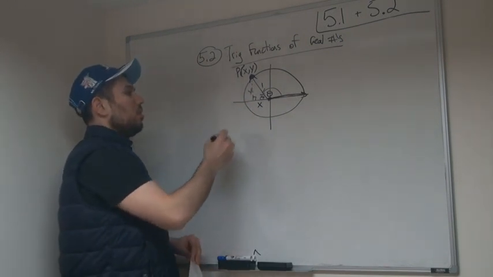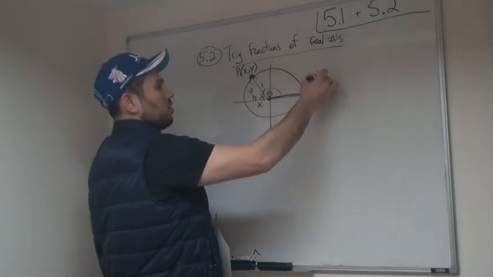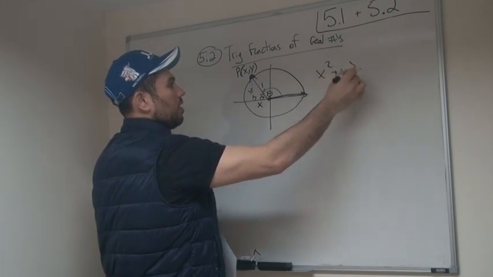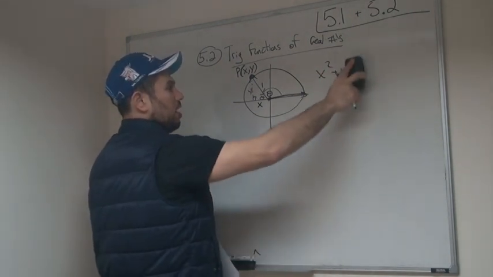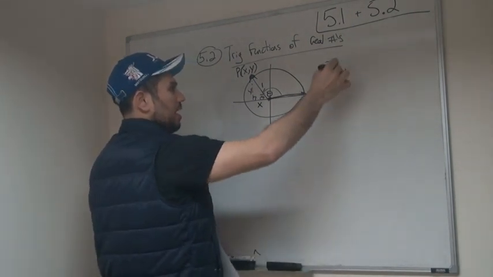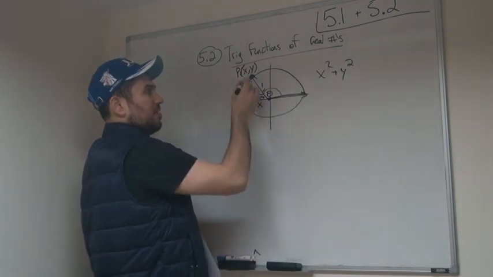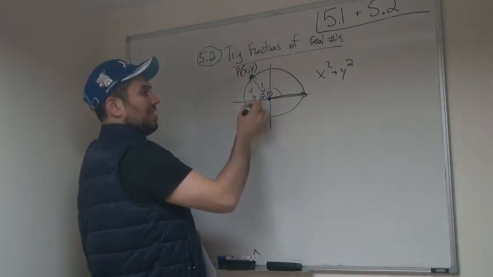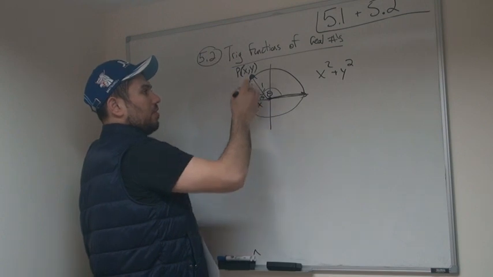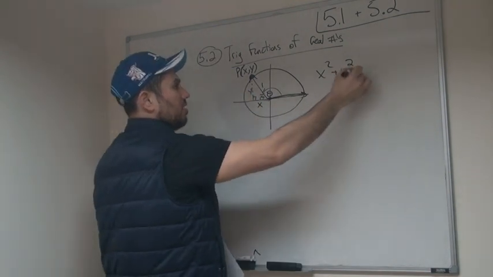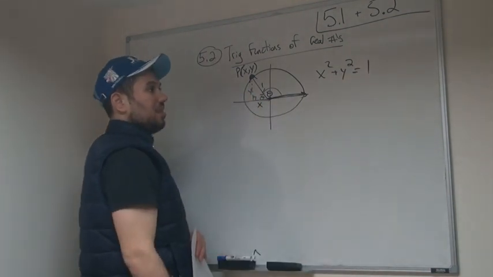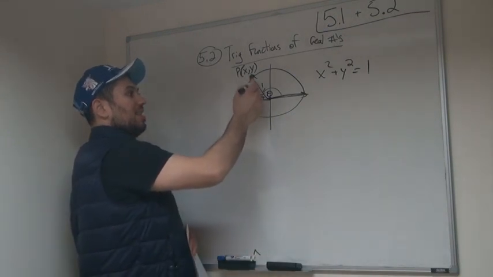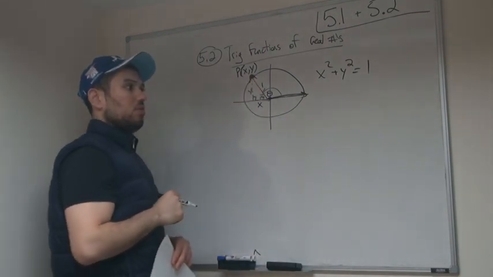And we still know that x squared plus y squared are the legs of the triangle squared and added, because the x value of the point is the x distance, the y value of the point is the y distance traveled, and the sum of the legs squared equals the distance of the hypotenuse squared.